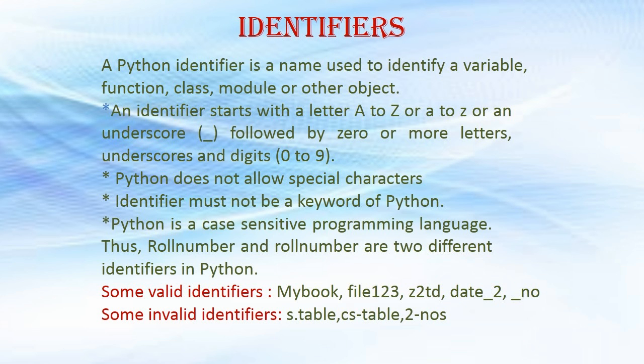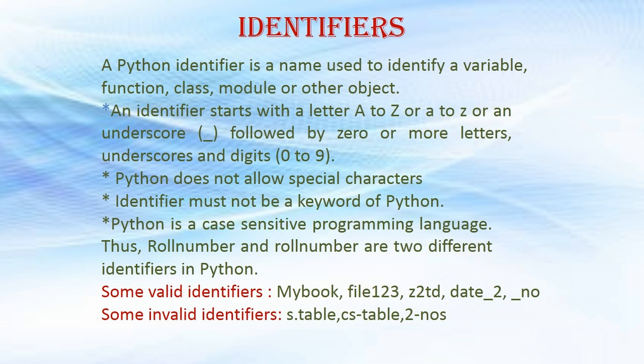Now, there are certain rules for identifiers, which means there are certain rules to give names to things. An identifier starts with a letter A to Z, capital or small, or an underscore, followed by zero or more letters, underscores, and digits 0 to 9. This says that an identifier can start with alphabets or underscore, no other special characters.